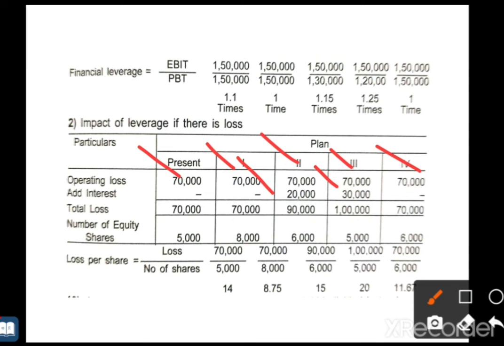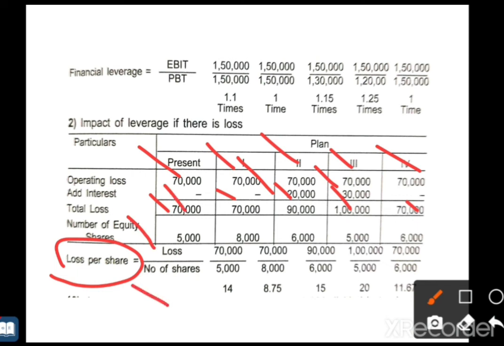Right now the total loss, sorry, the intention of adding the interest, whenever we are paying interest to debenture holders, it is again a loss to the company. So again total loss is 70,000, 70, 90, 1 lakh and 70,000. Number of equity shares, as you know, we already found out. The formula is what, loss per share. Instead of EPS we have to identify loss per share, loss divided by number of shares.